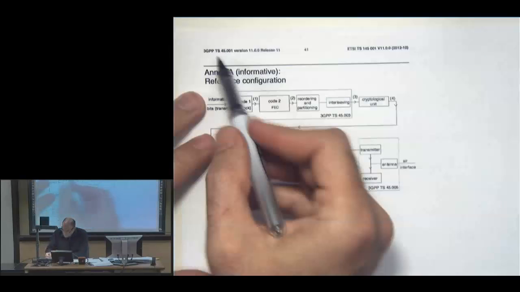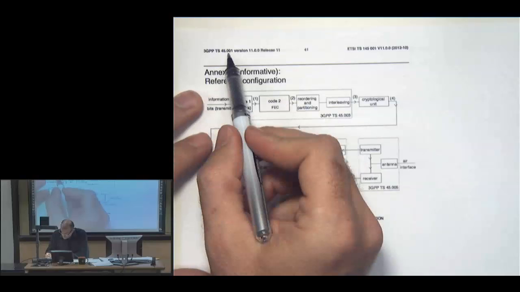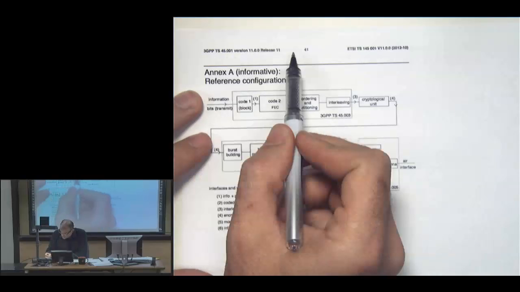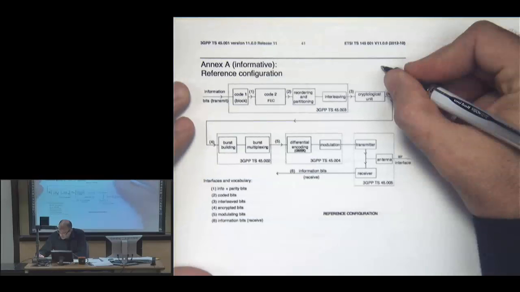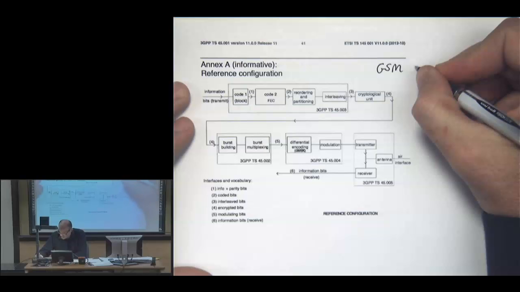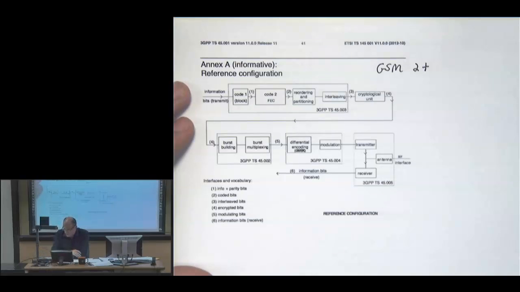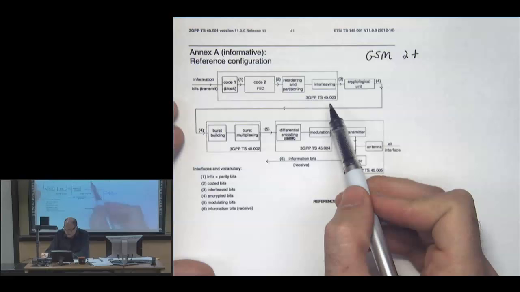This comes from a document called 3GPP TS 45.001 version 11.0.0 release 11. This is the ETSI number here. You can find this online. This is actually the specification for GSM. It's actually GSM 2+, so it's essentially Edge. So this is the kind of block diagram that they have as part of their standard here.